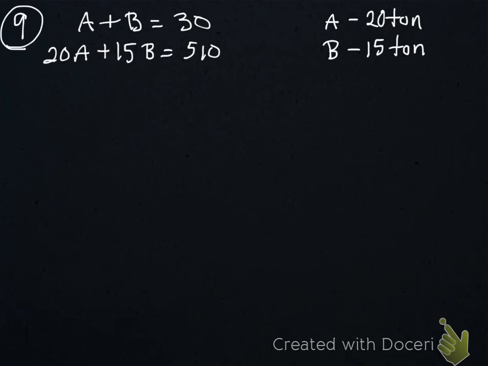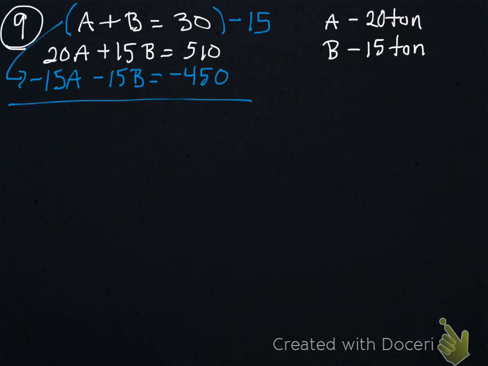Now we can multiply. Again, I'm going to pick the smaller of the two coefficients. So I'm going to multiply my top equation by -15. Write it right underneath. So we have minus 15A minus 15B equals -450.